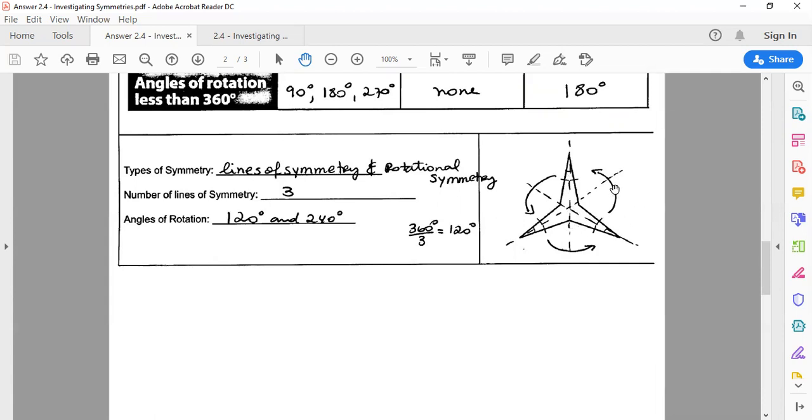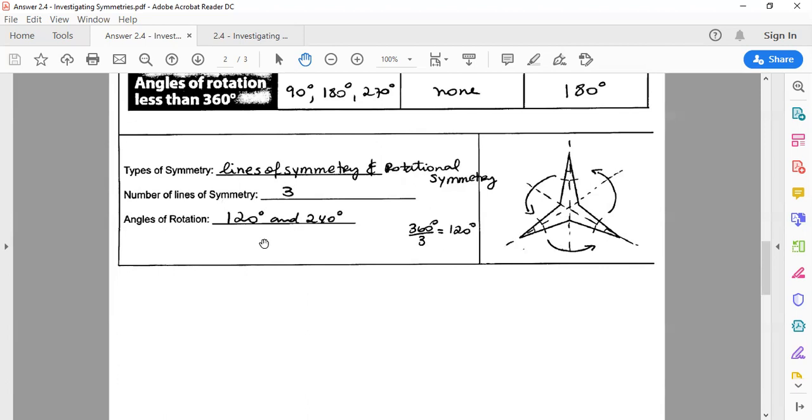Also, if I rotate, the star will fall on itself. And if I rotate again, I'll get the same image again, and then again the same image. So that means it also has rotational symmetry. And there are 3 lines of symmetry, 1, 2, 3.